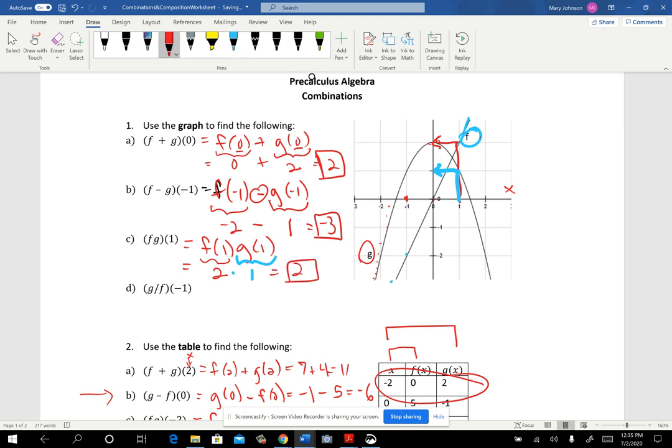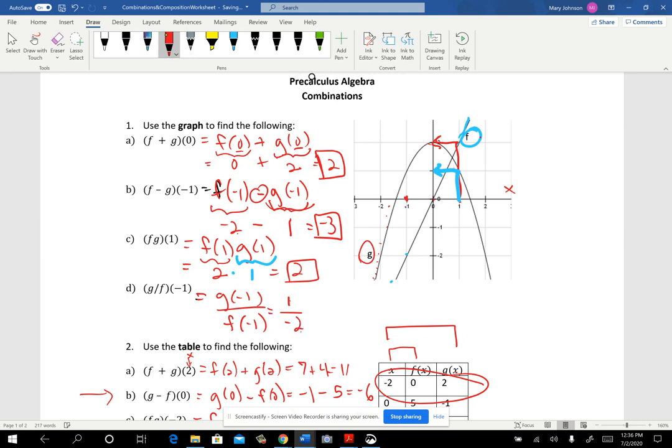Okay. All right, and then we have g of negative 1 on top, and then f of negative 1 on the bottom. We already analyzed the negative 1s before. I'm almost just going to look up here. G of negative 1 was 1. F of negative 1 was negative 2.